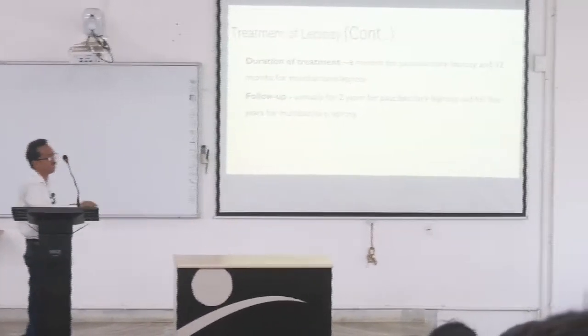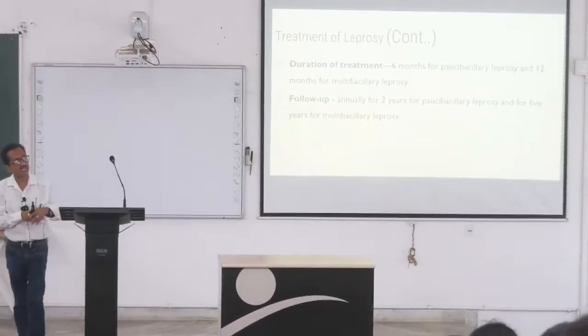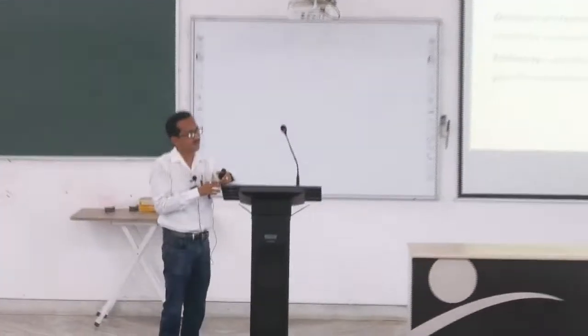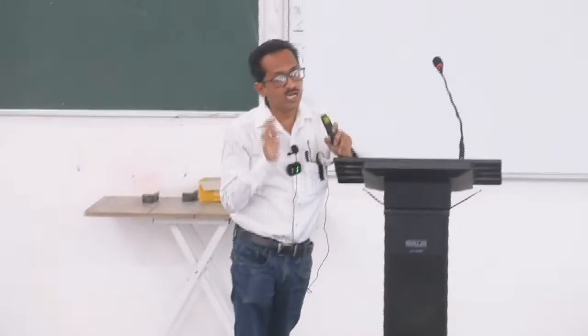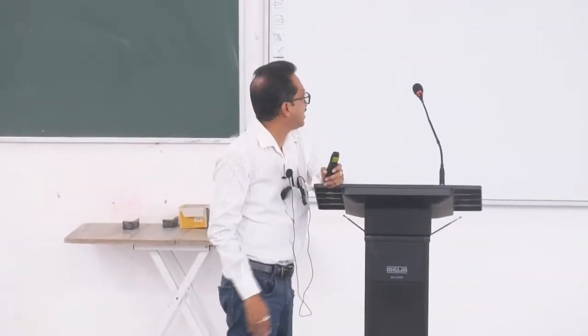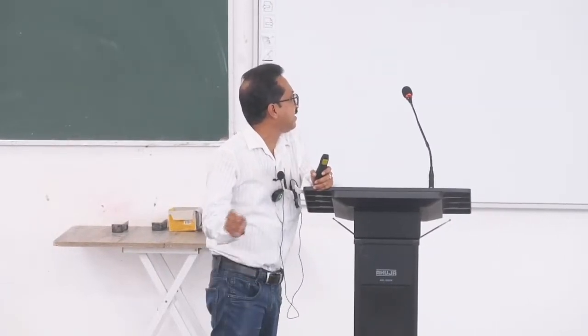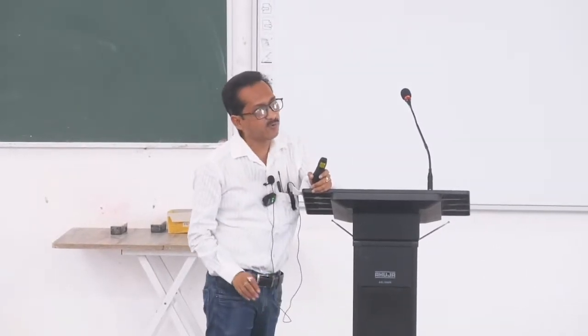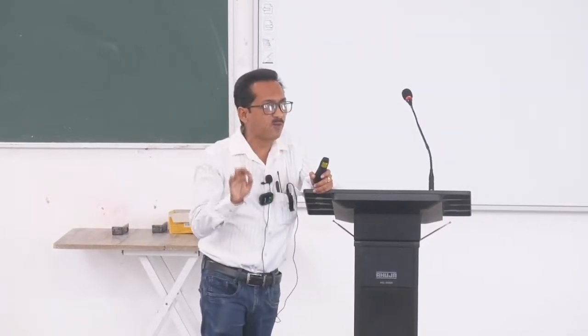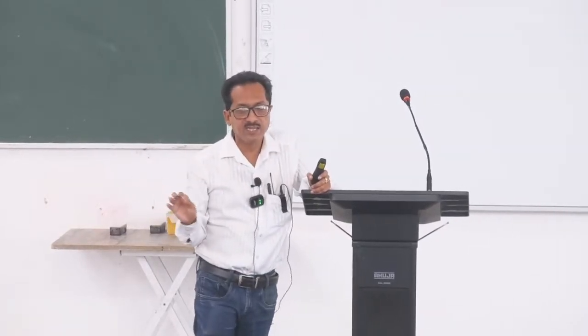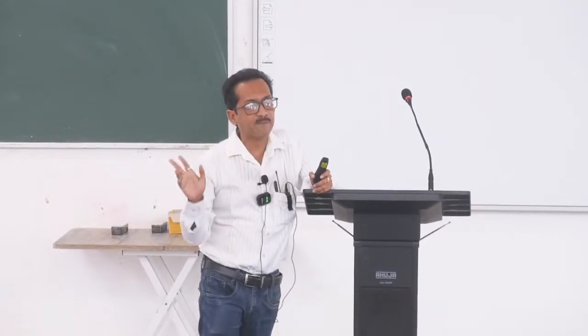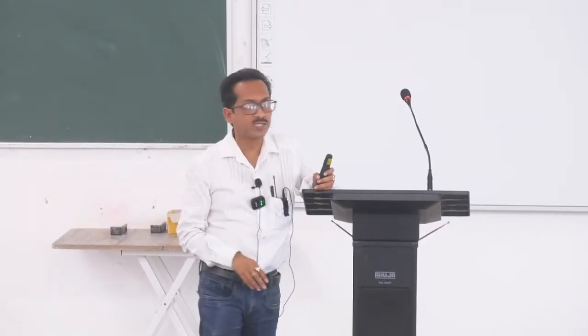Now what is the difference between paucibacillary and multibacillary? That is in the duration of treatment. For paucibacillary you have to treat for 6 months, and for multibacillary you have to treat for 12 months. So the treatment regime is the same for both: three drugs, dapsone, rifampicin and clofazimine.